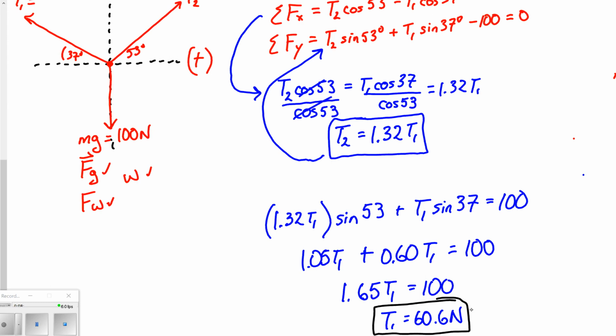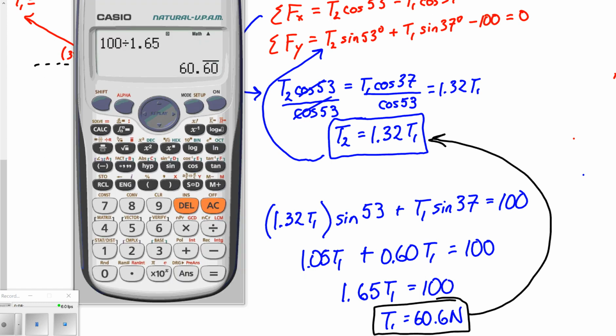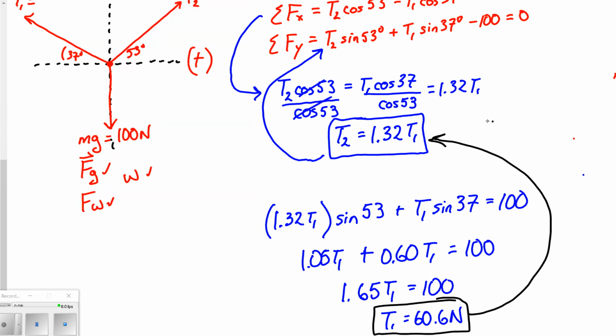If we want to find T2, all we have to do is substitute in T1, which will be 1.32 T1, and just out of my OCD, we'll do it so I feel good about myself, times the answer equals 80. So T2 would be equal to 80.